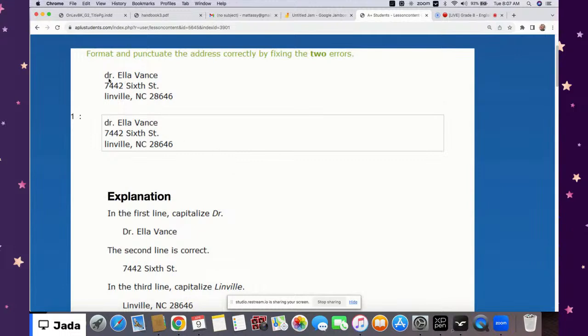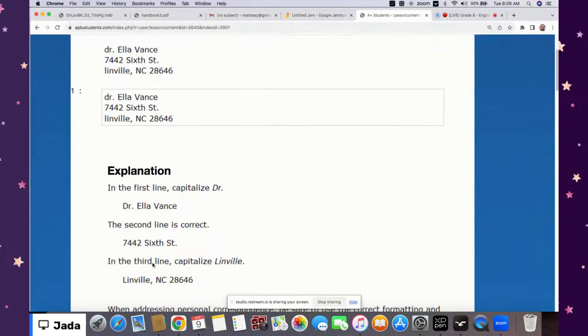Okay, so you can see that Dr., which is doctor, was in small letters, and of course, it shouldn't be like that. So, in the first line, you have to capitalize the abbreviation for doctor, okay? And it's going to be Dr. Ella Vance, and the second line is correct.